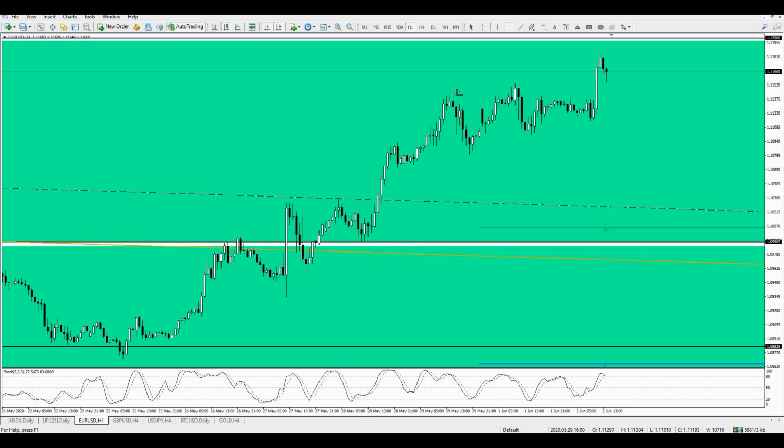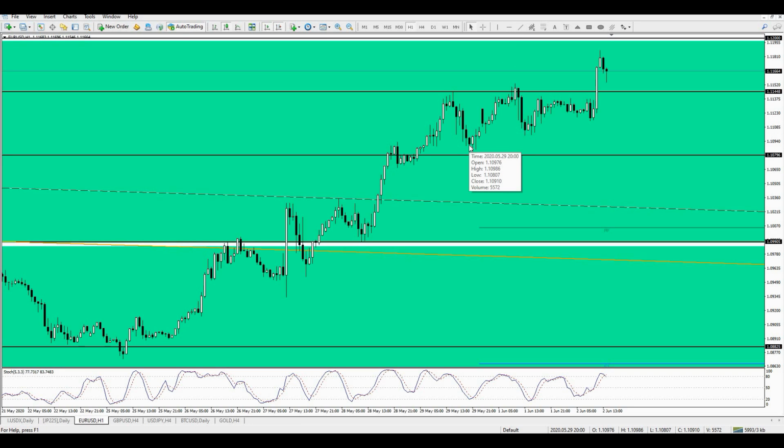So we had an important static resistance at 1.1144. The price decreased and registered only a false breakout above this level. It decreased again, but very important, only a drop right below this low, 1.1080, would signal a potential major corrective phase.